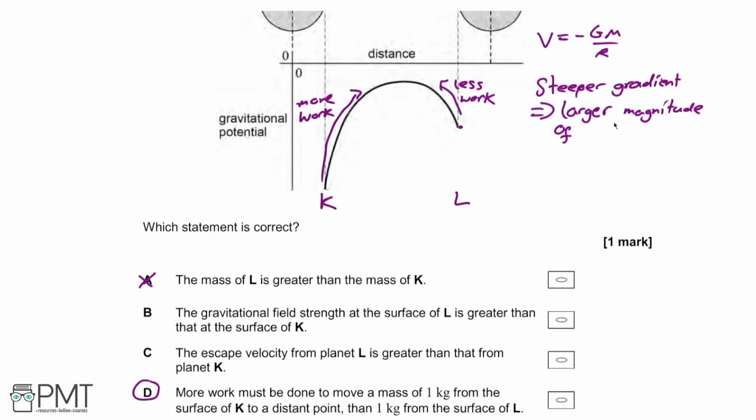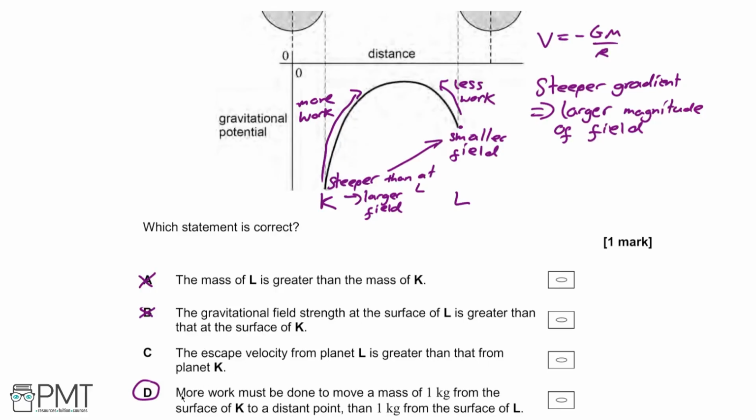In the same way, the gravitational field is the gradient of the gravitational potential. So here we can see that this is steeper, which means we have a larger field here. The potential at L is less steep, so this has a smaller field. Therefore, B is out.